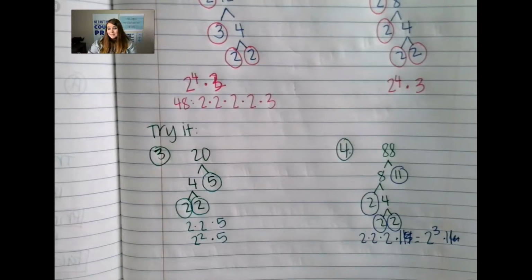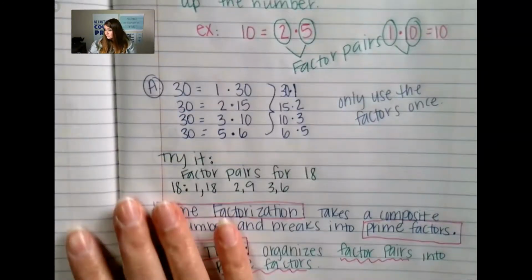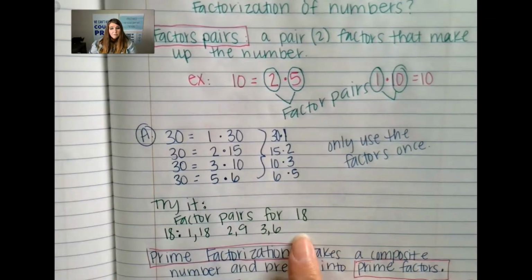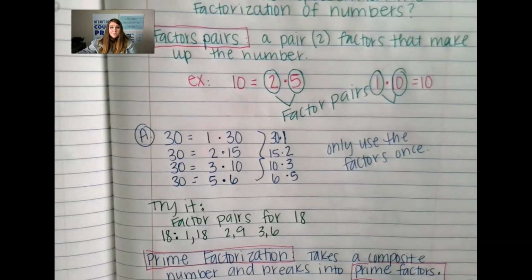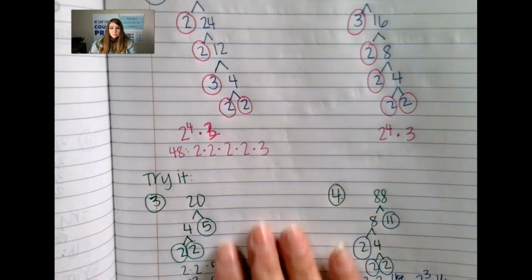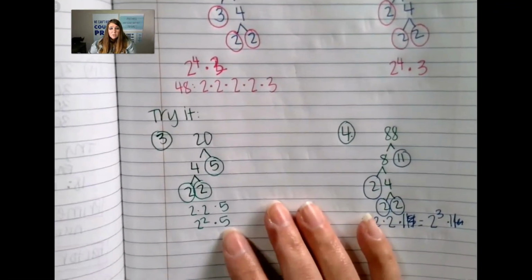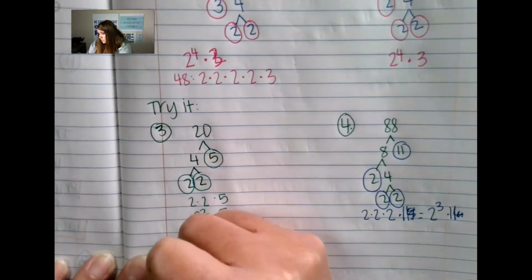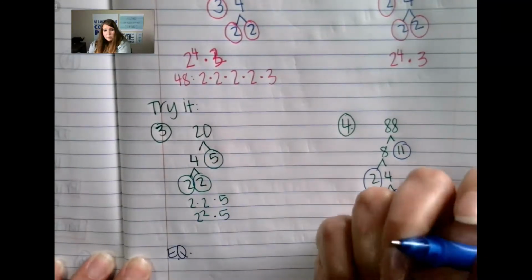You can represent them also in factor pairs. So you can pull out the factor pairs, and we can also write it with factor trees to help us get to the prime factorization.